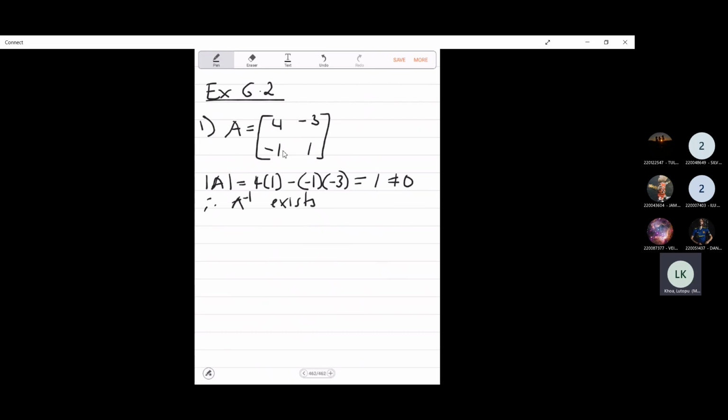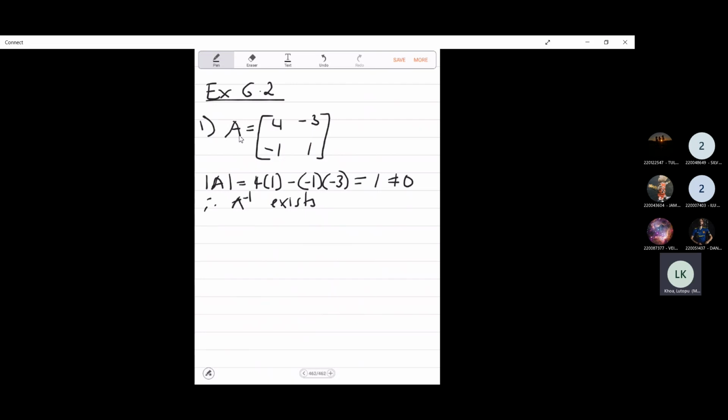Okay, and now that we know the determinant, we can easily work out the inverse of a 2 by 2 matrix. What we would usually do is interchange the two elements on the main diagonal. So the 1 will go there, the 4 will go there, and then multiply these two by -1.